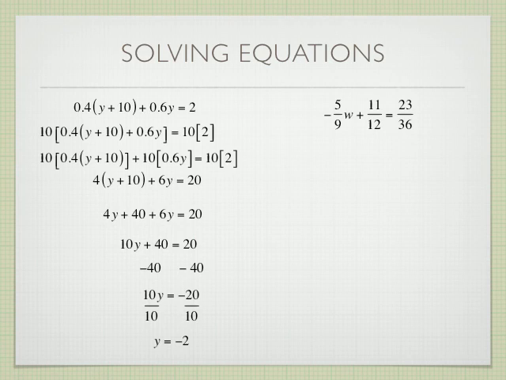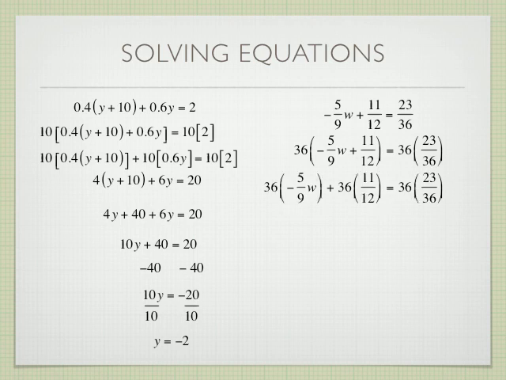Okay, next problem, look at all my denominators. And luckily, everybody goes into 36. So I multiply both sides by 36. 36 times negative 5/9, well, 9 goes into 36, and 12 goes into 36, so I have 4 times negative 5w and 3 times 11, and then the 36's cancel on the right-hand side, so I'm just left with 23.